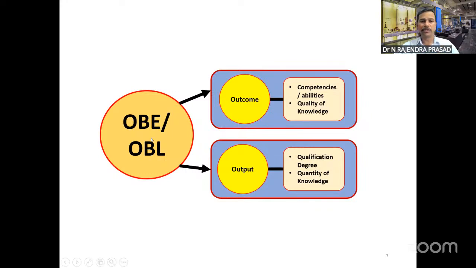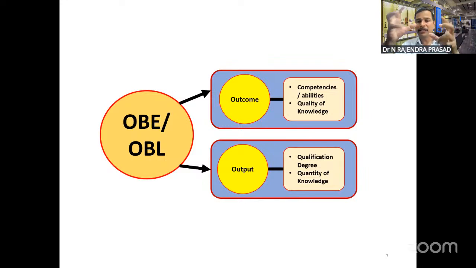In outcome-based education or outcome-based learning, outcome is the competency, and it is a qualitative indicator of the knowledge. Say, if you interact with a student, or with some person, the moment you have that situation, you will analyze whether this candidate is potential enough or not. That is the quality of knowledge.